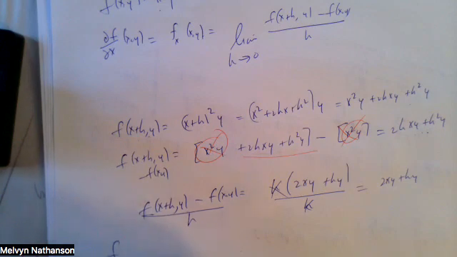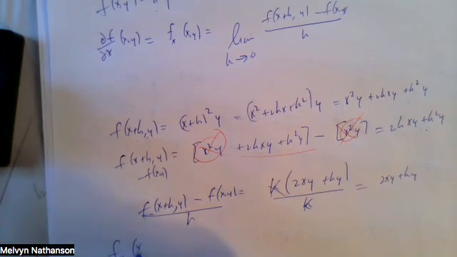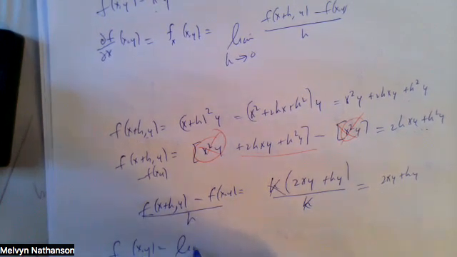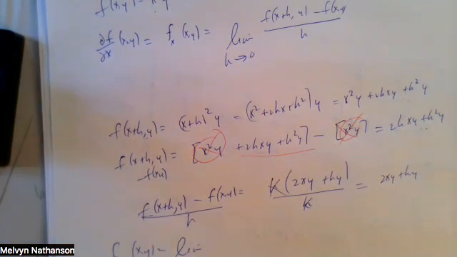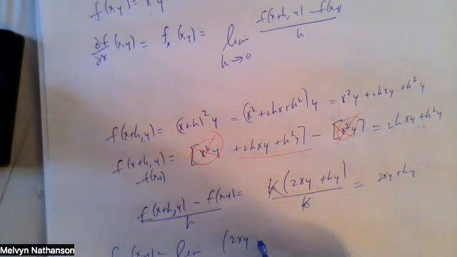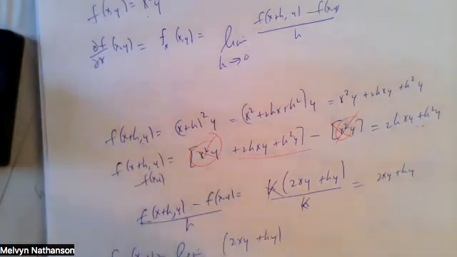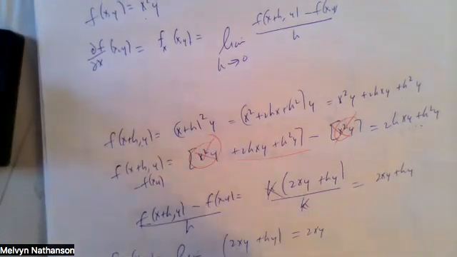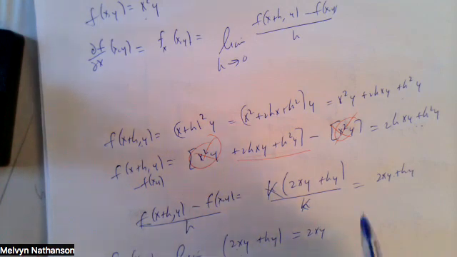So the partial of f with respect to x at (x, y) is the limit as h goes to 0 of this expression, 2xy plus hy. The 2xy doesn't depend on h at all. That doesn't change. But as h goes to 0 and y is fixed, hy goes to 0.